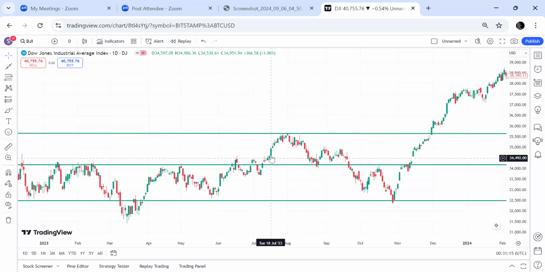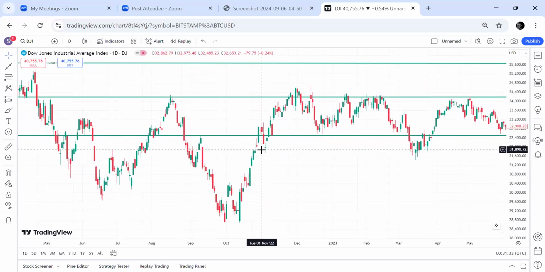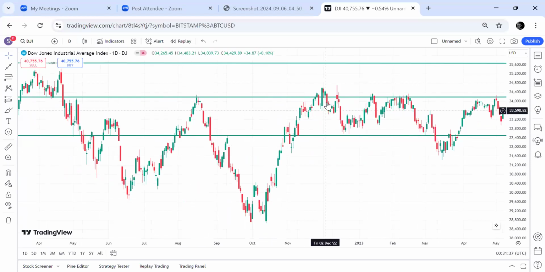If you observe, you can see many types of engulfing patterns, but we give importance only to those which form near the resistance level or near the support level. And if we check, we can find many engulfing patterns.